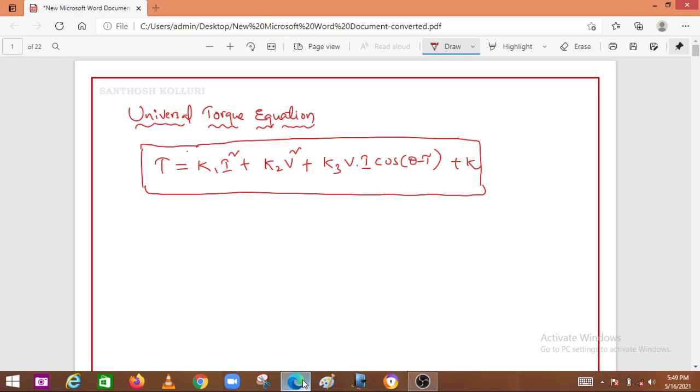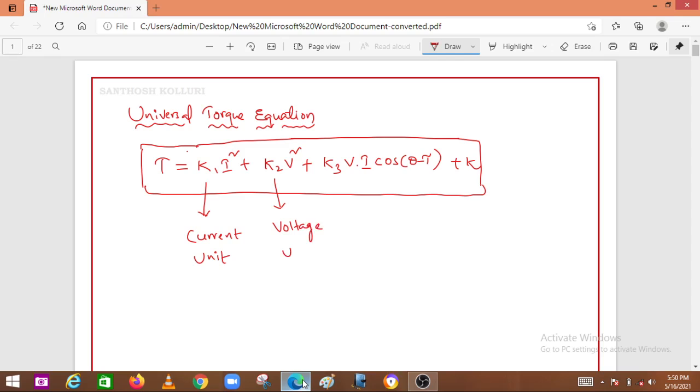Here in the torque equation, T = K1 I² + K2 V² + K3 V I cos(θ − τ) + K. The component K1 is a current unit, and K2 is a voltage unit.